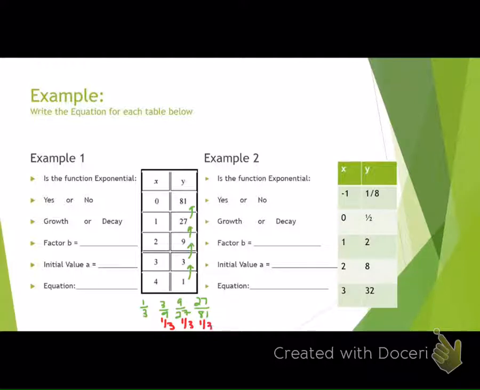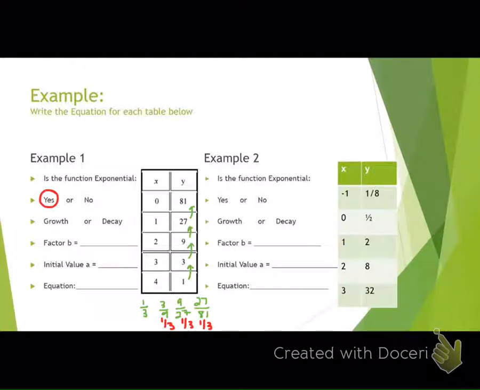Some of you might not be able to visually see that this is multiplying by 1/3 each time, although some of you might. You can check at each point, as long as it's counting by 1, and you can see that they're all 1/3, so that's why your decay factor in this case is 1/3. So this is exponential. Is it growth or decay?